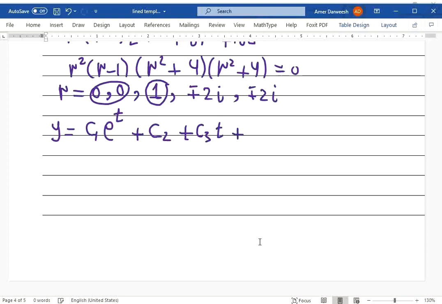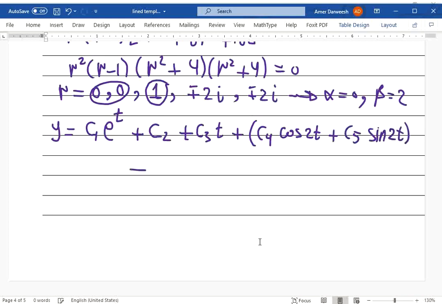Now plus, because here I have alpha is 0 and beta is 2, e to the power 0 is 1, so I just get c4 cosine 2t plus c5 sine 2t.